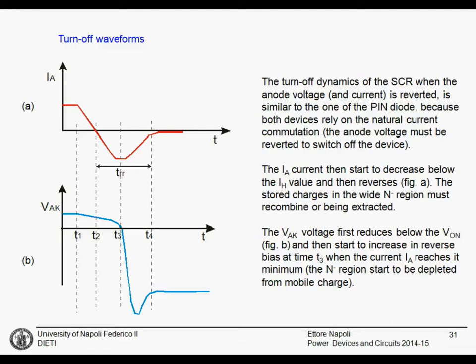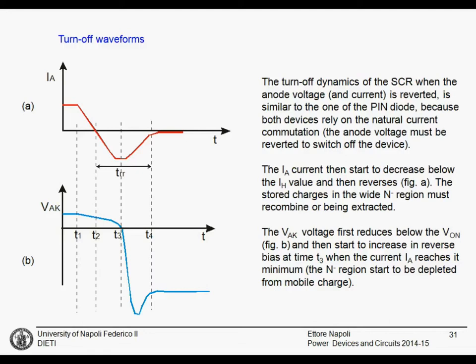But there are, however, disadvantages. First of all, the trigger current will be larger, because when I inject carriers through the gate here, a portion of this current will just be shorted through the cathode shorts and will not be effective in triggering on the device.